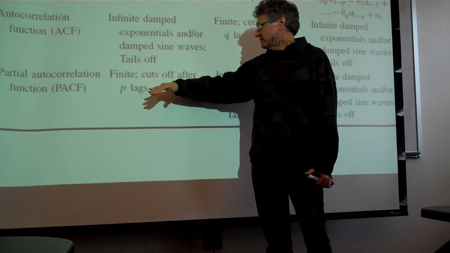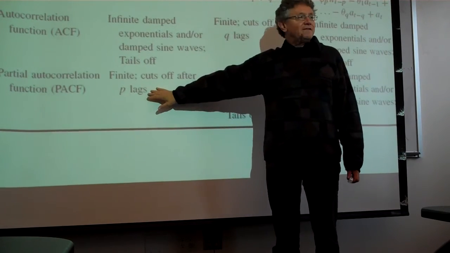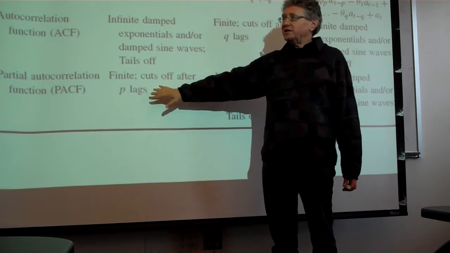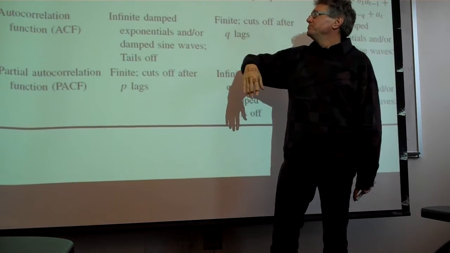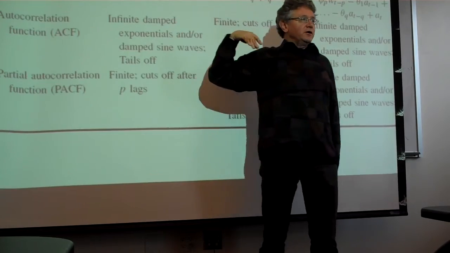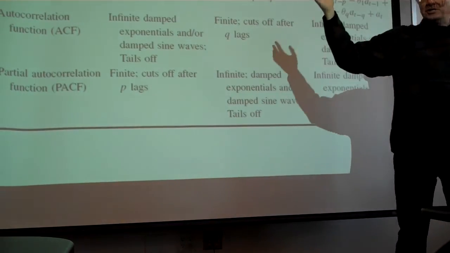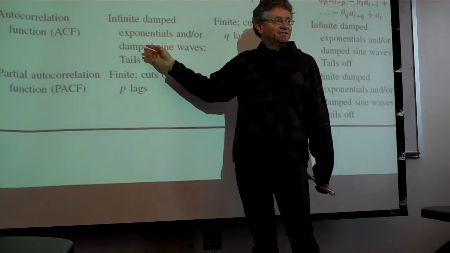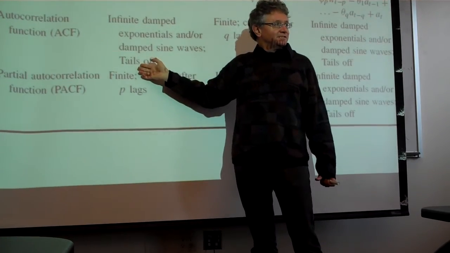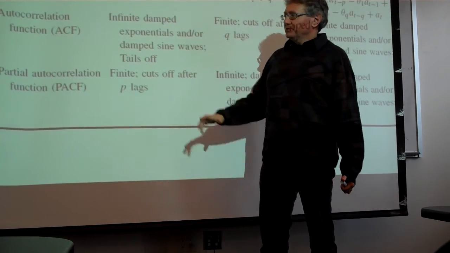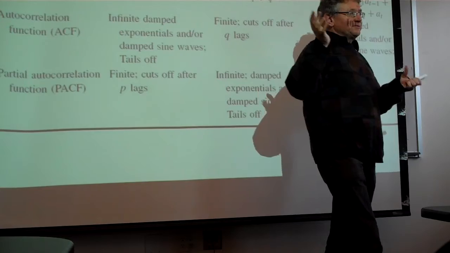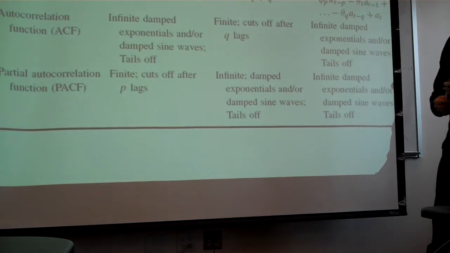The PACF cuts off quite abruptly after p lags. Okay, and if you construct an AR model and simulate it, this is exactly the pattern you see. The example I showed you is actual data, so it's a little bit messier.